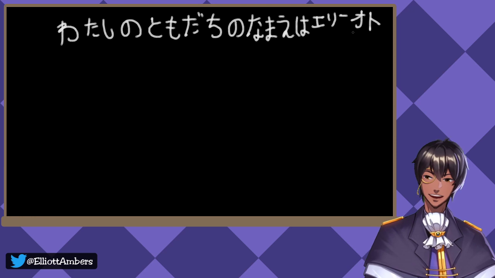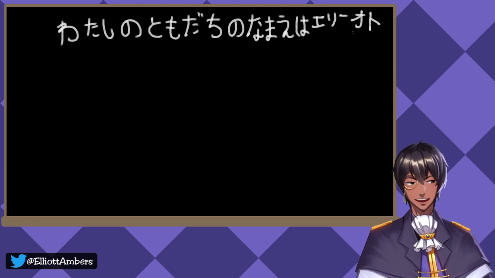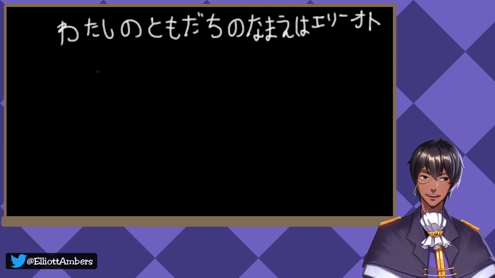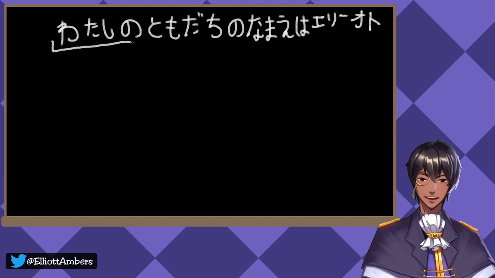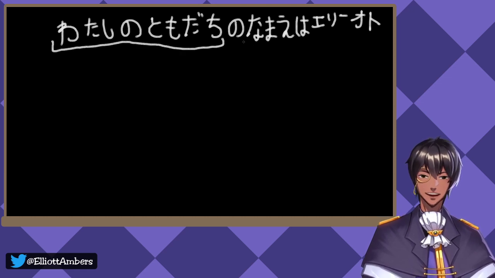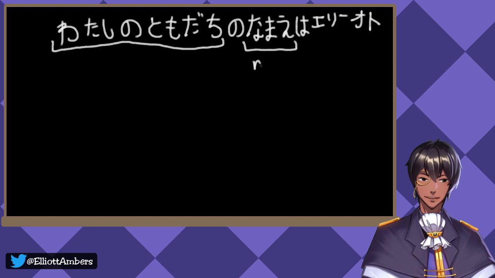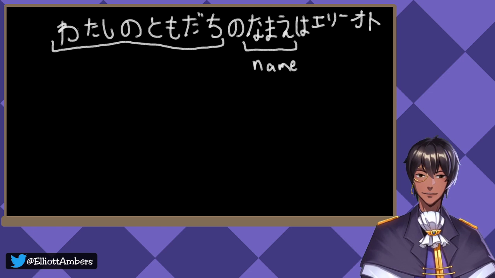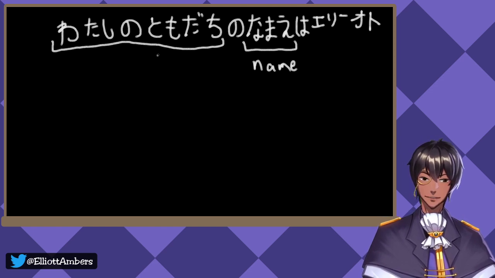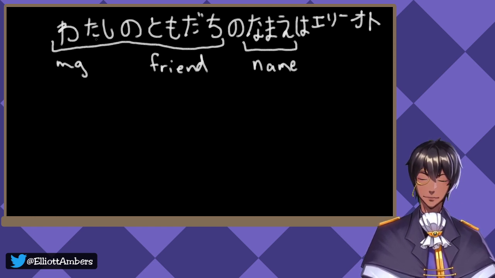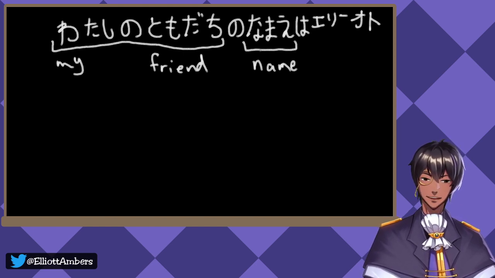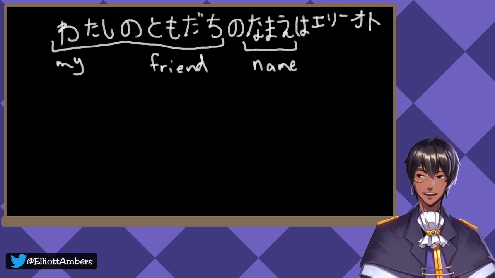So this is a very good one actually, because as you can see, the no particle is used twice. So we have to break this down into two parts. Like I said, the second term is that main idea. So we say the name being the main point. And then prior to that, watashi no tomodachi, my friend. So the name is the most important part of the sentence here. We're talking about someone's name.